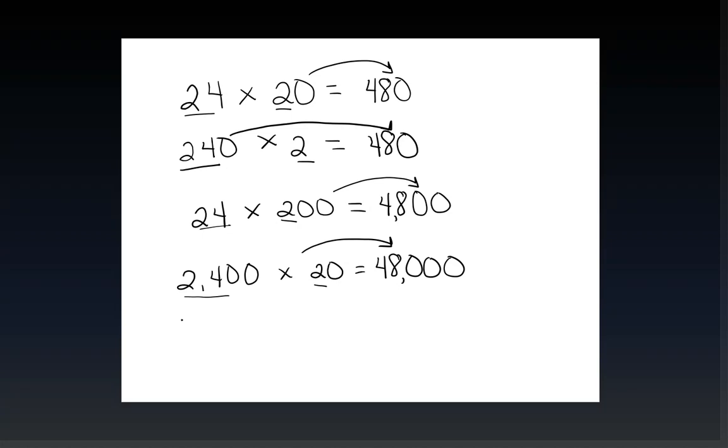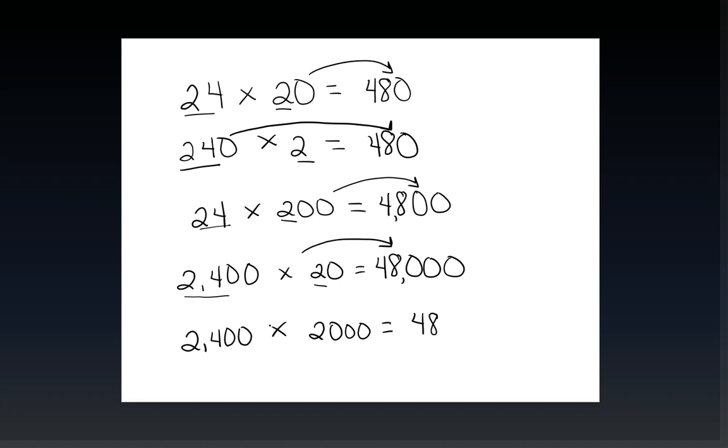Let's look at one more here. 2,400 times 2,000. Well, we're in luck because we do it the exact same way. I look at my numbers that aren't zero. I've got 24 on this side. I've got 2 on this side. And I say 24 times 2 is 48.